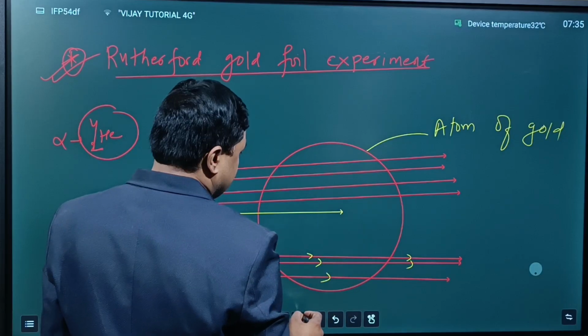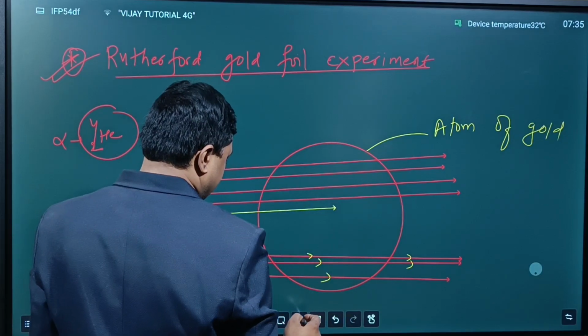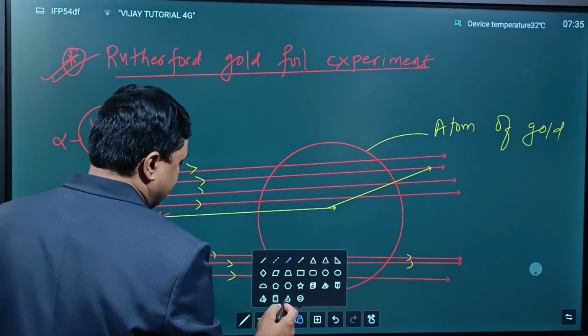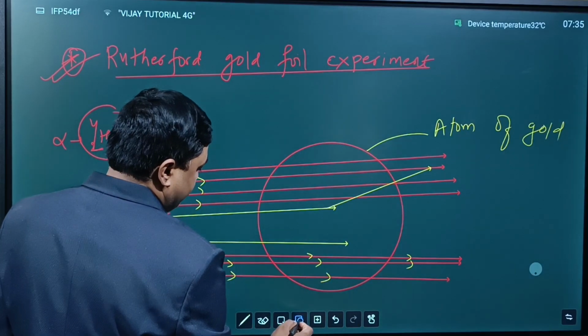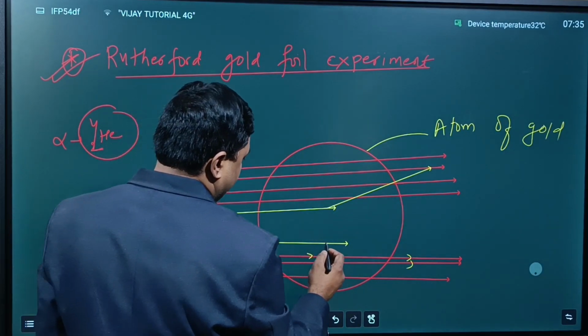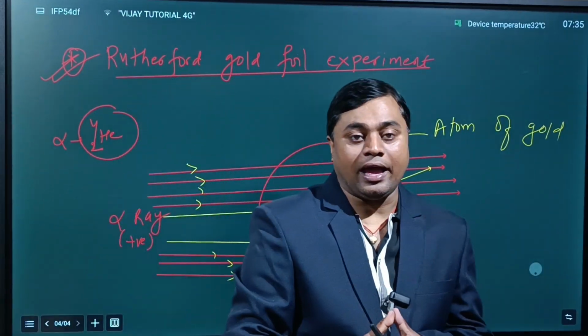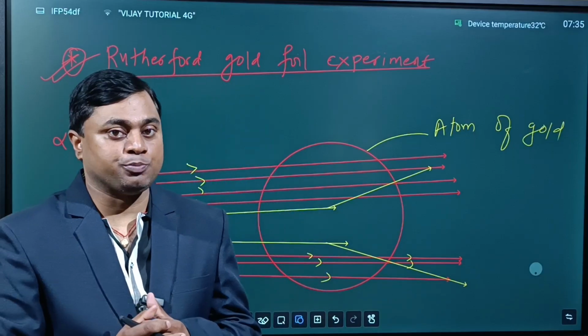It was going like this, but it deflected like this. Similarly, a few rays were deflected, whereas one in approximately 20,000 bounced back.